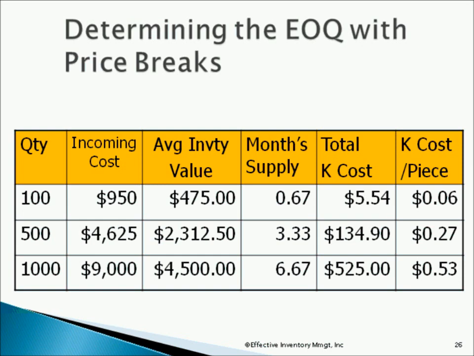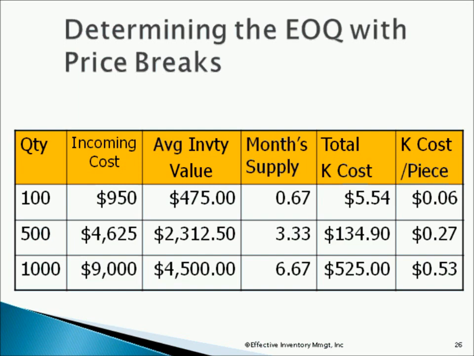Now, to calculate my cost of carrying inventory per piece, I am going to take the average inventory value during the time it takes to sell each of those quantities. The average inventory value during the time it takes to sell half of those quantities will be half of the incoming cost.